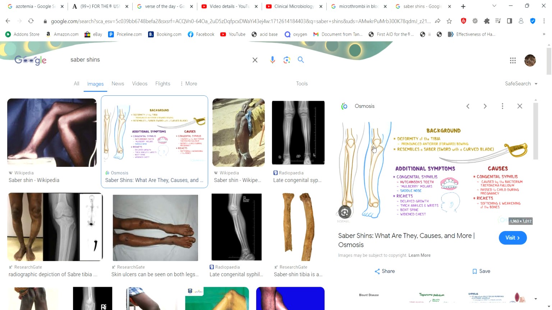So your tibia, this is normal. The tibia in congenital syphilis will bend anteriorly, forward. It looks like this saber shin. A saber is a sword with a curved blade. It's a bend forward. Anterior.